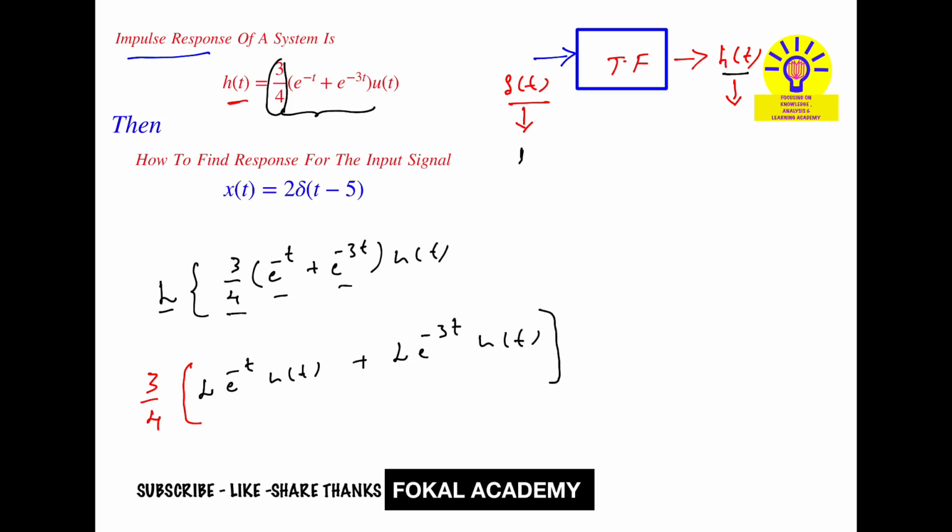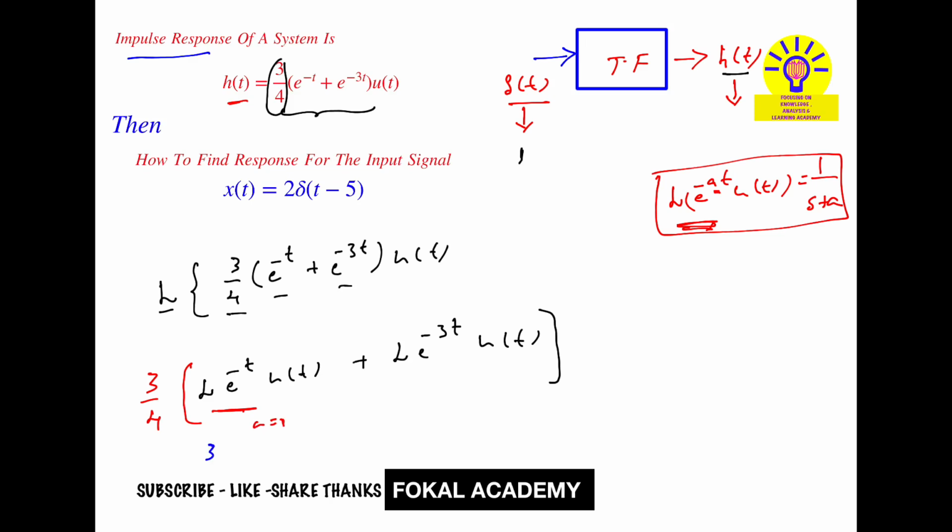Now recall the standard formula from the Laplace transform: the Laplace transform of e power minus at u of t equals 1 by s plus a. By comparing this with our equation, in the first term a becomes 1, so it becomes 1 by s plus 1.